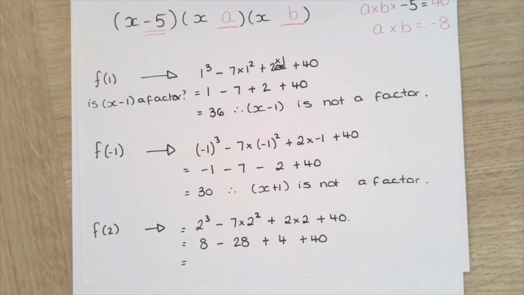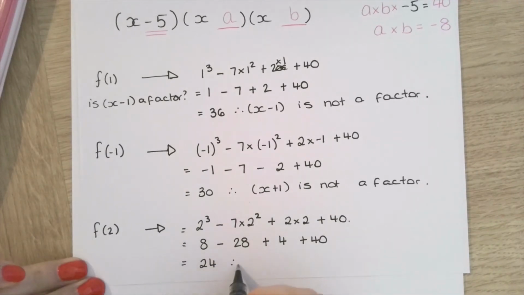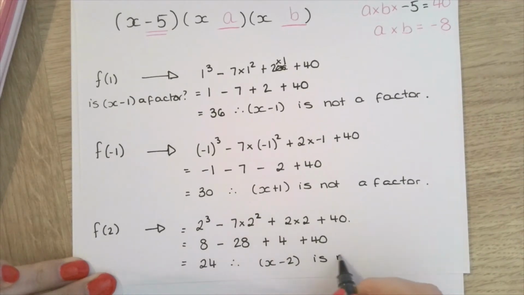Some slightly trickier numbers, so I am not going to waste time working this out in my head. I get here 24. Therefore, x minus 2 is not a factor.